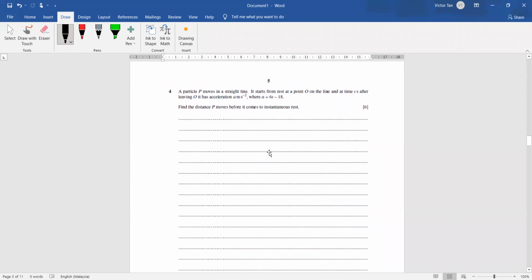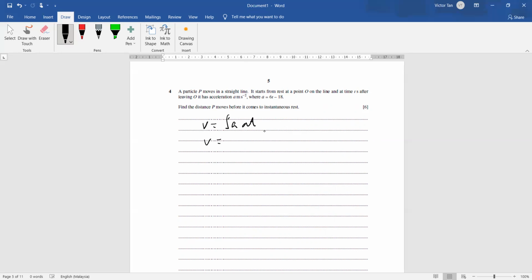Particle P moves in a straight line. It starts from rest at the point O on the line, and at time t seconds after leaving O, it has an acceleration of a, where a is 6t minus 18. Find the distance P travels before it comes to instantaneous rest. V is the integral of a dt.